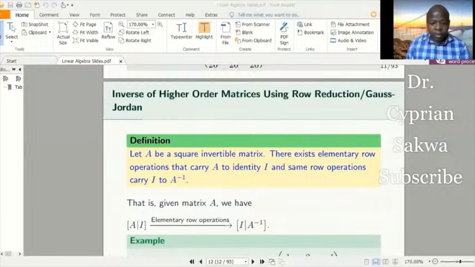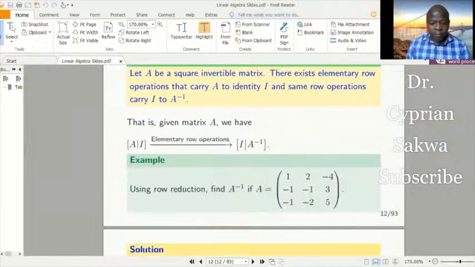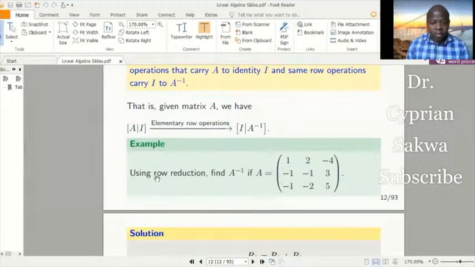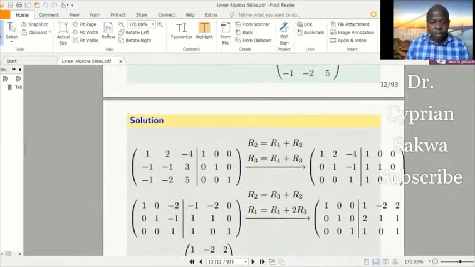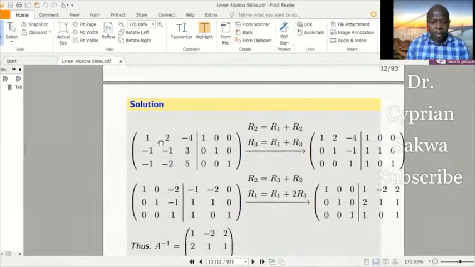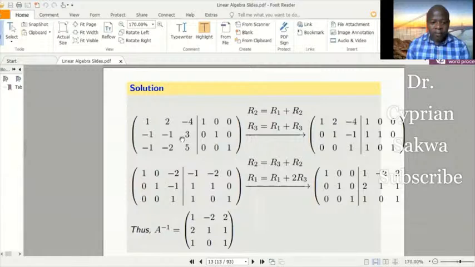So let's use an example to make it clear. The question is, use row reduction to find the inverse of A when A is this. So we're using row reduction. What we do is write the matrix that we've been asked, and then there's this vertical line, and we write the identity matrix. This is a 3 by 3 matrix, and therefore we'll write here a 3 by 3 identity matrix.